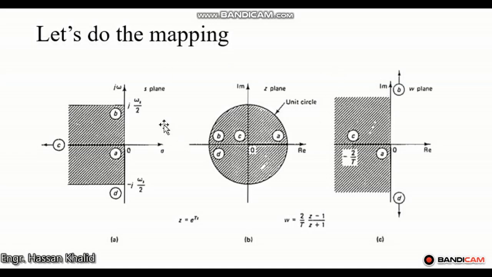The main difference between the S plane and the omega plane is that if you are moving in the primary strip from 0 to omega s by 2, or in the negative axis omega s by 2 along the imaginary axis in the S plane, you will be taking the movement from minus infinity, that is at the point D, towards plus infinity at the point B along the imaginary axis in the omega plane.